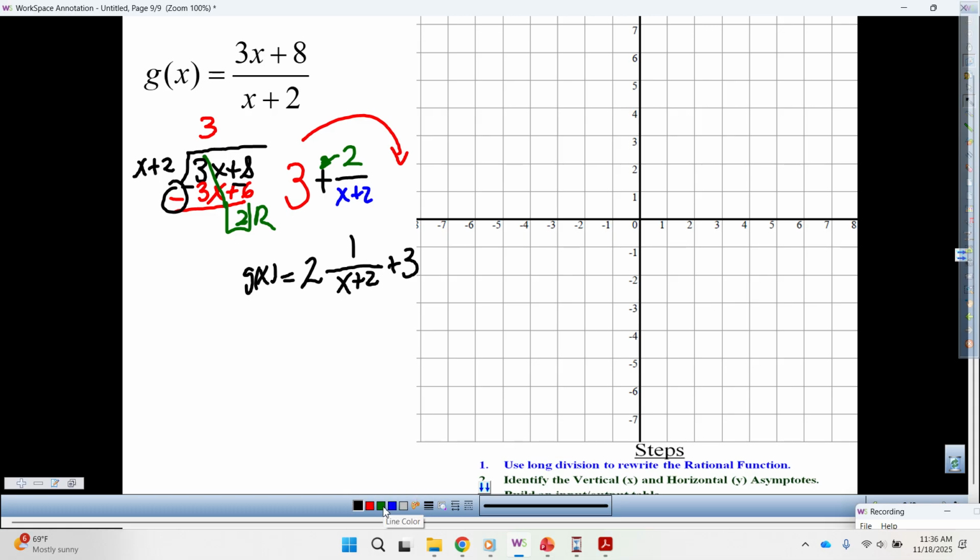So where are we going to move that to? Pass someone? Allison, where are we going to move that to? 2 to the left, 3 up. All right. So let's graph f of x equals 1 over x.